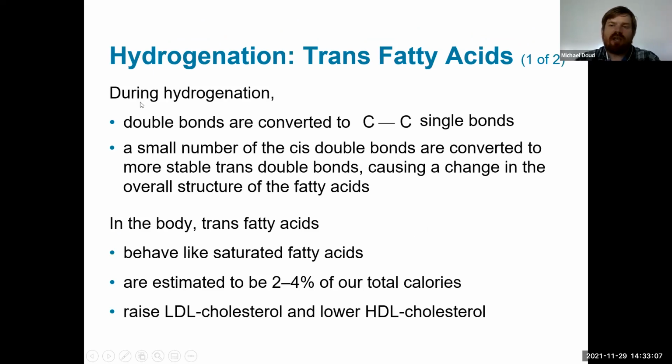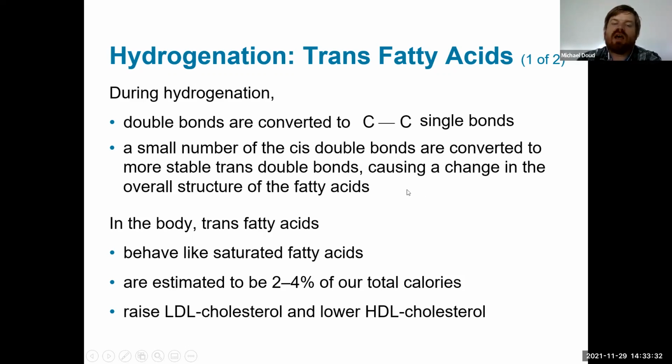So this looks more like a saturated fatty acid. When you hydrogenate your vegetable oil and you form your saturated fatty acids, sometimes some of those double bonds start out cis and they end up as trans double bonds. So that changes the overall structure of the fatty acids. Now, the problem is trans fatty acids behave like saturated fatty acids, but they raise LDL cholesterol and lower HDL cholesterol.